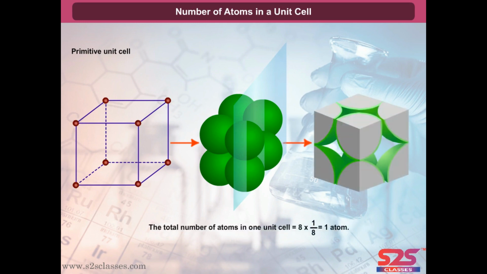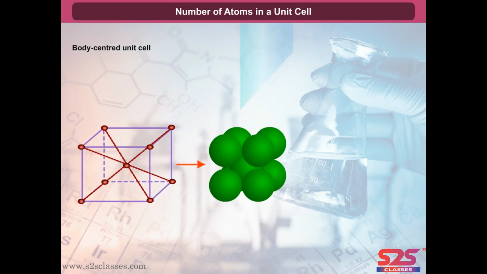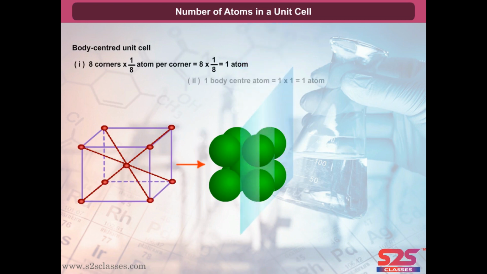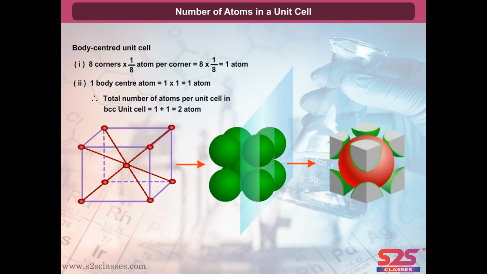Thus, the total number of atoms in a primitive unit cell is 8 times 1/8, equal to 1. Body-centered cubic unit cell: in a body-centered cubic unit cell, there are 8 atoms present at the corners and 1 atom present at the center of the body. Thus, the total number of atoms in one body-centered unit cell is 2.